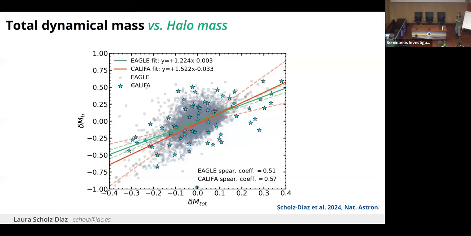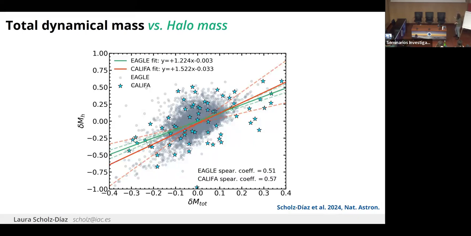Okay, so I was saying that in EAGLE, the hydrodynamical simulation, when we compare halo masses, which in the simulation is of course trivial to obtain, halo masses are in this case M200, and total mass is the sum of all the particles within a given aperture. In the galaxies, in this case, we took 20 kiloparsecs because that was the median of 3 effective radii for the galaxy sample.